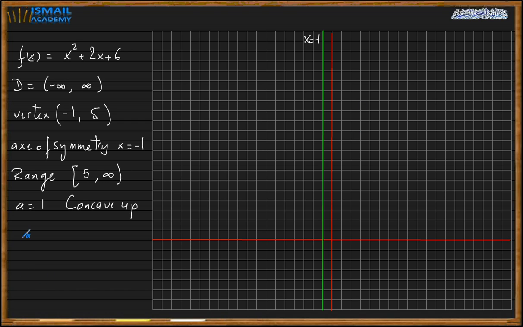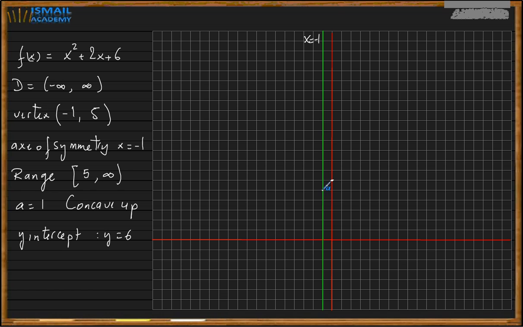And the y-intercept is y equals 6. So 2, 4, 6. So this is my y-intercept. And my vertex is minus 1, 5. So it's here.